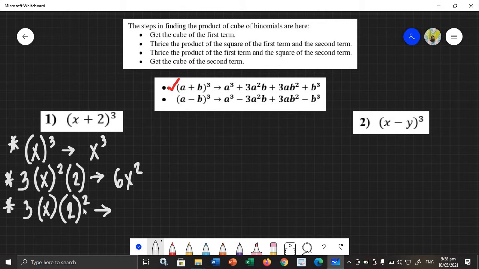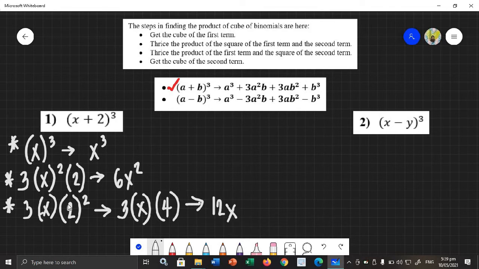Here, kung mapapansin ninyo, before we multiply all of this, we need to simplify 2 raised to the second power muna. So 3 times the quantity x times 2 raised to the second power, which is 2 times 2, so that is equal to 4. Tsaka pa lang natin sila i-multiply. So, 3 times x times 4 is equal to 12x.